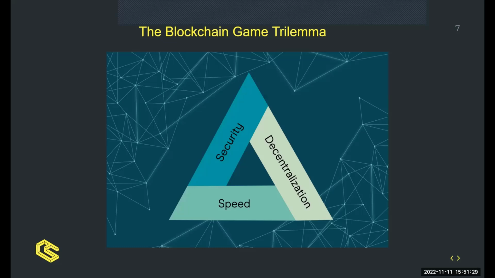But for games, a lot of the time when we're building out our games, we're still using a centralized server somewhere, either for positioning in a multiplayer or metaverse type of implementation of a game, or for sending out tokens.